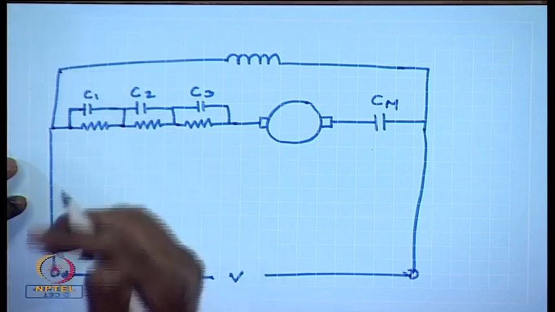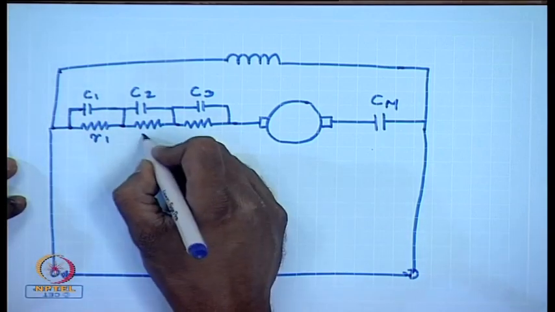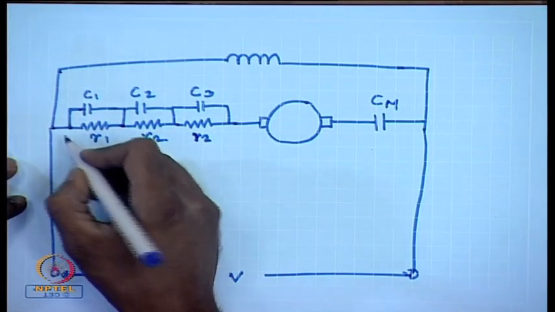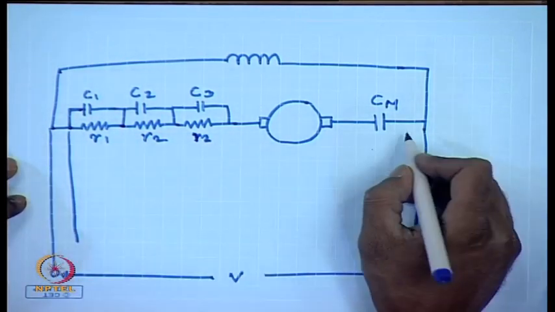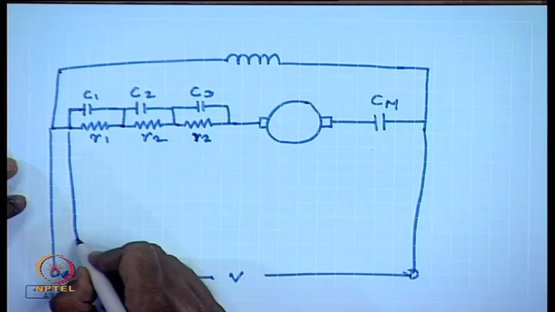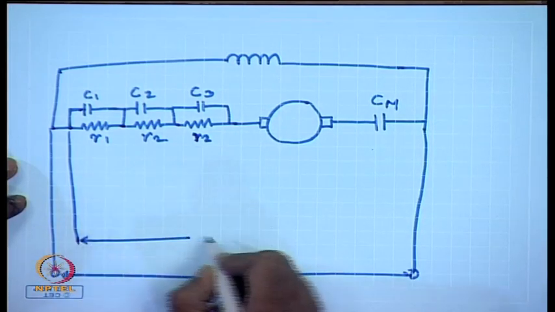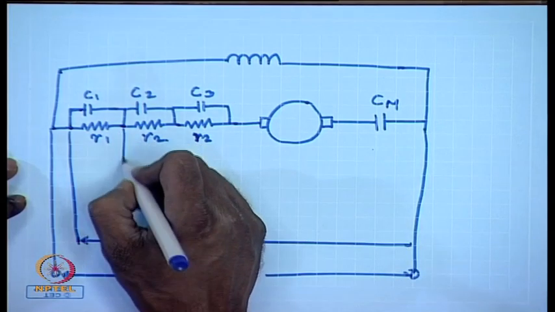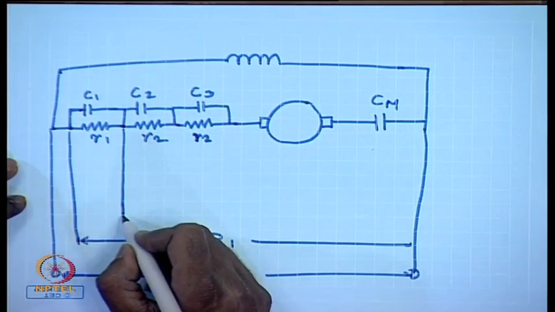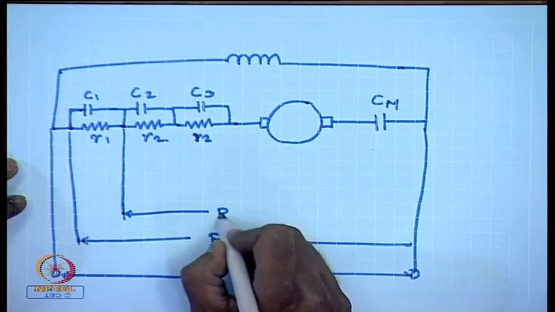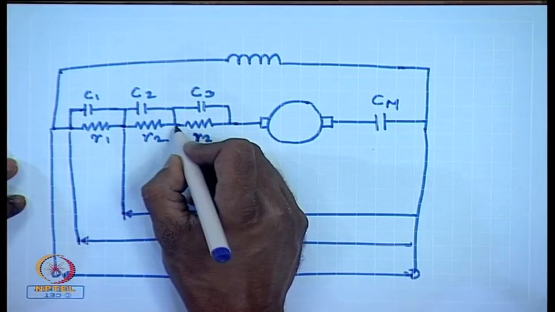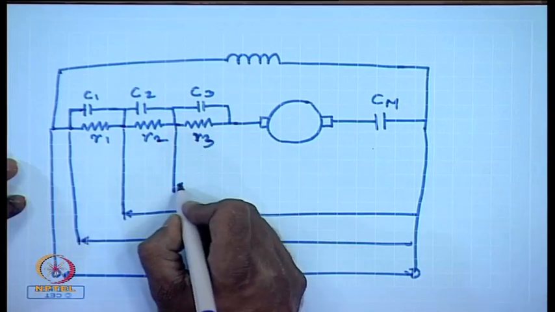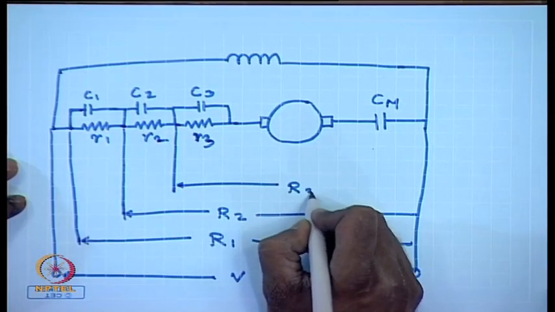There are 3 sections of resistance R1, R2, R3. When all the resistances are in, let us say the resistance is R1. When C1 is shorted, the resistance becomes R2. When C2 is shorted, resistance becomes R3.